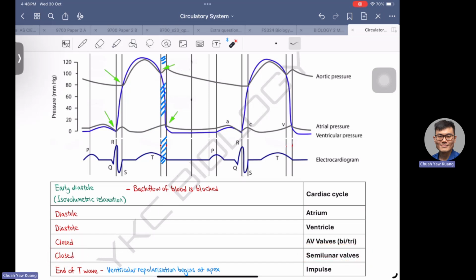For the impulse, you can see that this is where the end of the T wave occurs, because the end of the T wave actually indicates the ventricular repolarization begins at the apex of the heart. So that means that this is the point where the ventricle starts to relax.